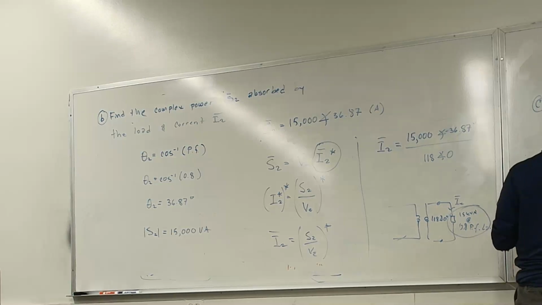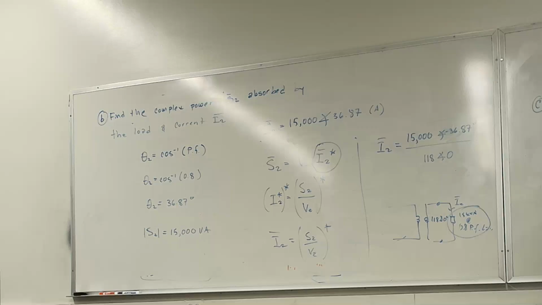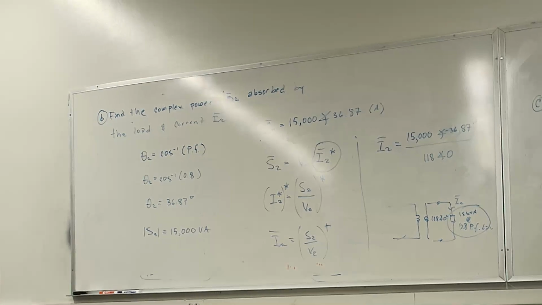So Z2 then is equal to V2 phasor divided by I2 phasor. So this is 118 angle 0, this is in volts, divided by 127.12 angle of minus 36.87 degrees, and this is in amps.